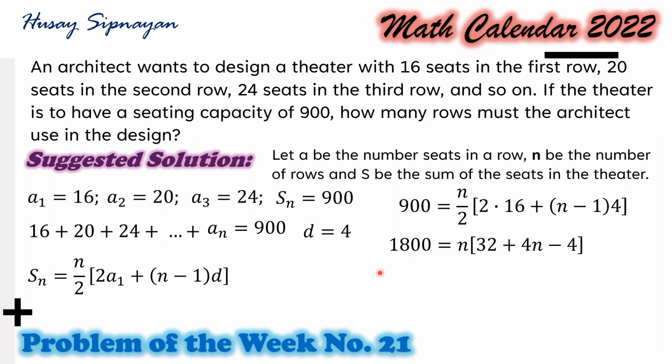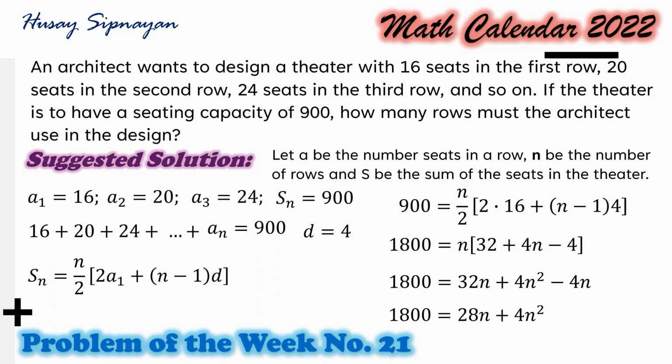On the right-hand side, we'll have 1,800 is equal to 32n plus 4n squared minus 4n. And this time we can combine similar terms, we have 32n minus 4n. So we have 1,800 is equal to 28n plus 4n squared.